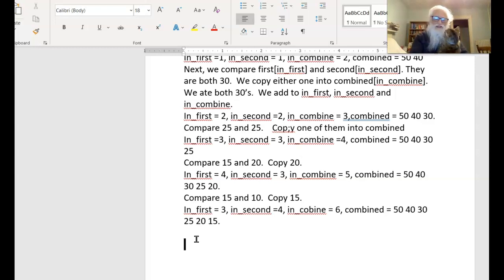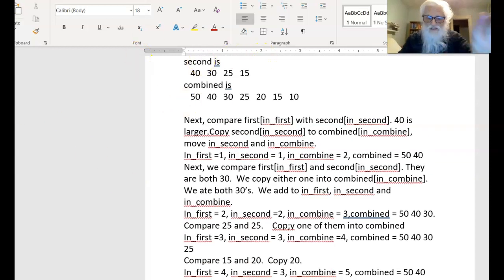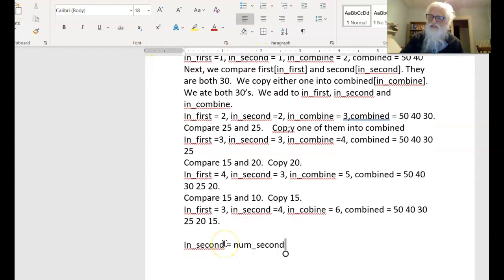Now, in second equals the number of them in second. There are 4 of them in there, and the 2 are the same.